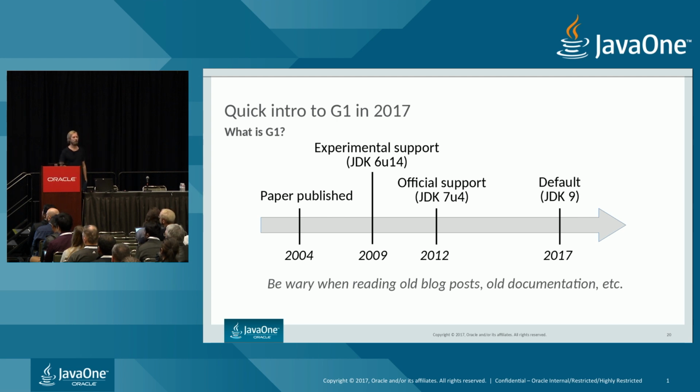And this year, a few weeks ago, when JDK 9 was released, G1 became the default collector for the JDK. So with this information, be wary when you're reading old blog posts, Stack Overflow answers, etc. about G1, because quite a bit has changed between 2009 and 2017. G1 has evolved a lot since it was first introduced with experimental support.